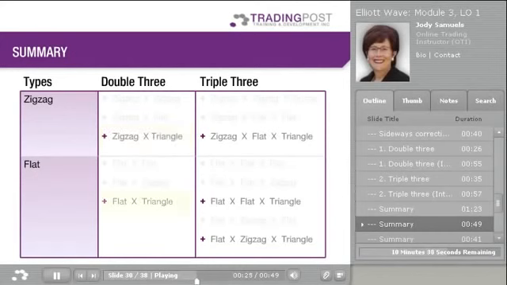A flat double three can start with a flat and end with a triangle. A zigzag triple three can have a zigzag-flat-triangle combination. A flat triple three can form a flat-flat-triangle or a flat-zigzag-triangle.